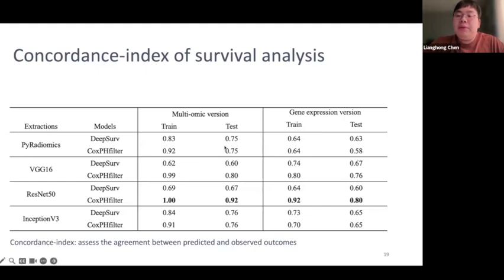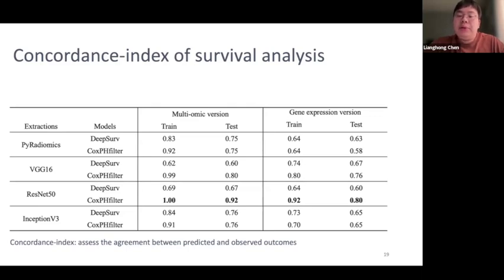The model performance is evaluated by calculating the concordance index. The concordance index is a statistical measure used to evaluate the predictive accuracy of the survival model by assessing the agreement between predicted and observed outcomes. A high concordance index score implies high accuracy. The range of the concordance index is from 0.5 to 1.